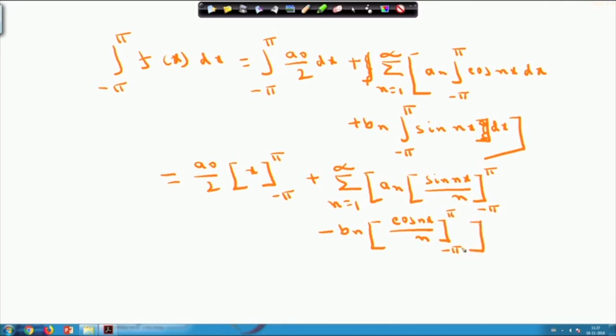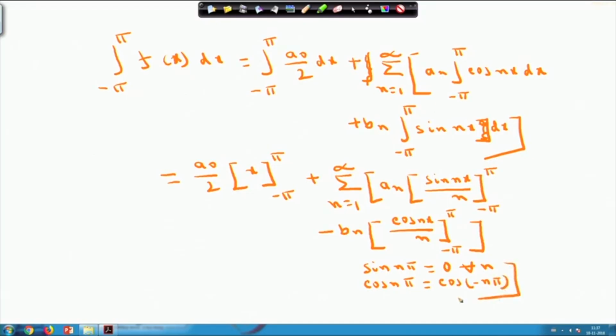I am obtaining this, and I know one thing, sin n pi is equal to 0 for all n, and also cos n pi, which I can write as cos of minus n pi.